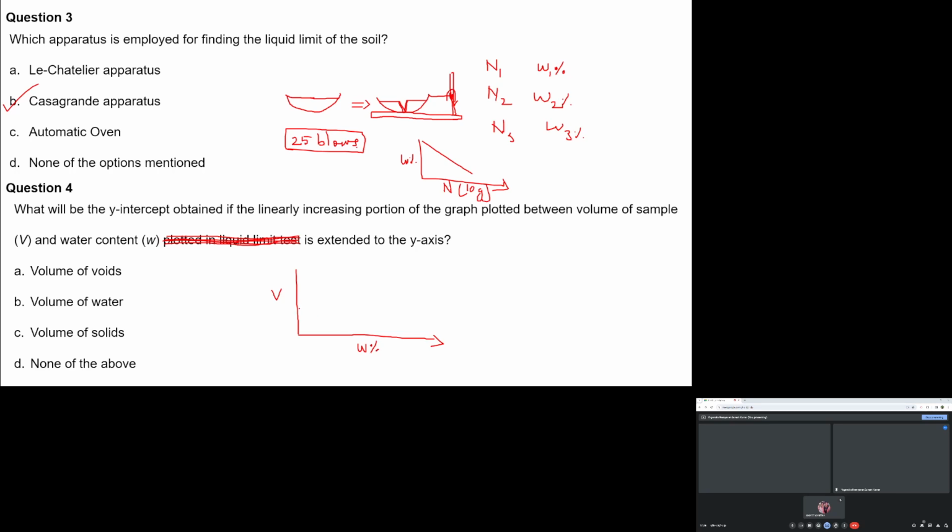At water content 0, the volume will remain the same up to a particular water content, and then start increasing linearly. What is this point called, where the graph starts to increase linearly? Let us denote it by A. What is point A known as?